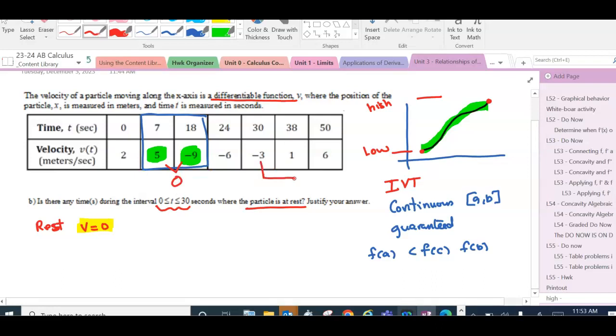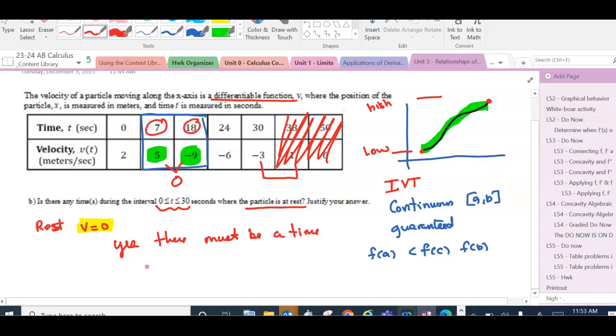Similarly here, 0 is between -3 and 1. But our interval is 0 to 30, so we're not looking at anything past 30. So we would say, yes, there must be a time, and our time has to be between 7 and 18 seconds.